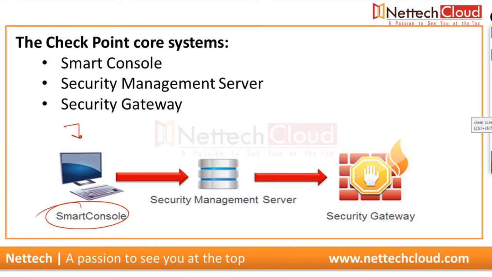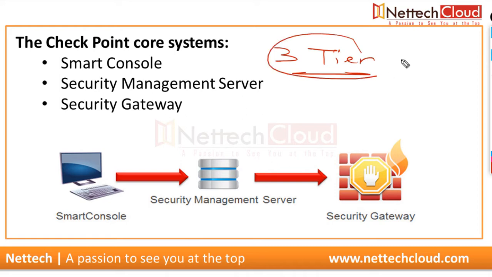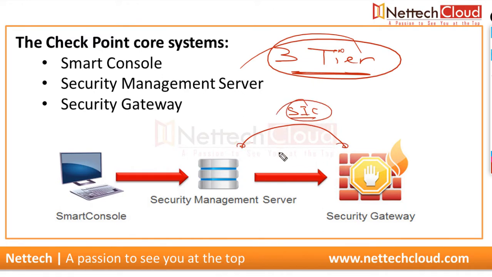So I hope you understand the three-tier architecture of Checkpoint firewall, right? Because it's very important from a troubleshooting perspective. For example, if there is no SIC, I mean the secure internal communication is not proper, management server and security gateway are not communicating properly, right?